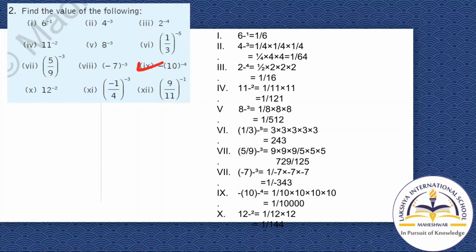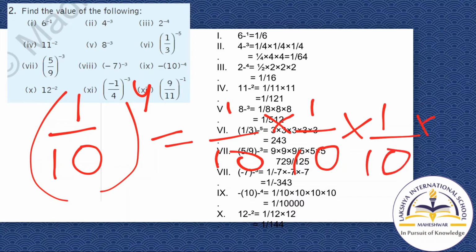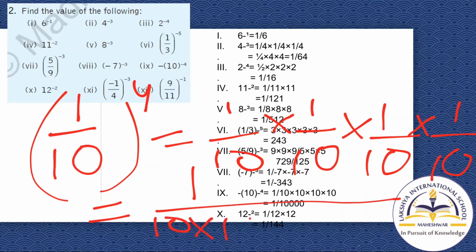Now we will solve question number 9. Minus 10 raised to the power minus 4. Okay, now how can we solve this? 1 by 10 to the power 4. Now when you solve this, 1 by 10 into 1 by 10 into 1 by 10 into 1 by 10, or you can directly write 1 divided by 10 into 10 into 10 into 10.